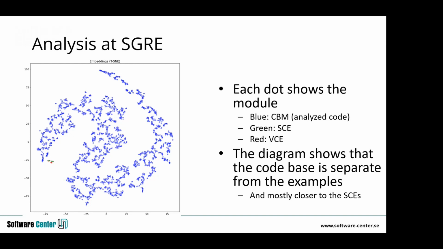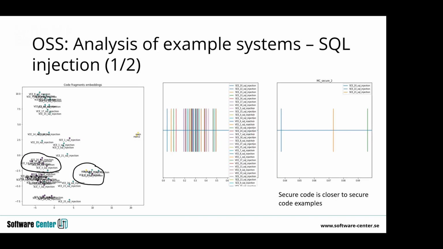And if we extend that to the analysis, how do we actually decide if something is secure or insecure? Well, what we do is we take our examples and the analyzed code, and we try to plot the distance of our code, for example, those two dots, to secure and insecure code. I'm sorry, in this case, this is the dot that I'm looking at.